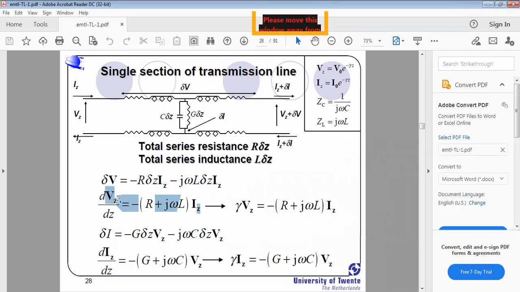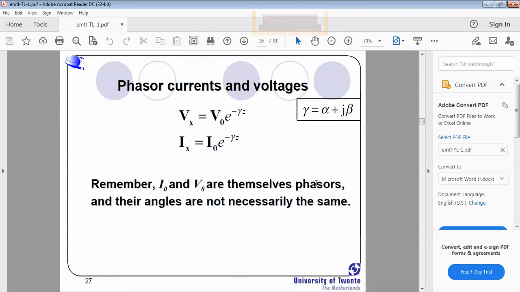When we consider the exponential form of Vz, after the differentiation with respect to z, what we get is the term alpha plus j beta. Actually the term existed from the above slide; here the point was skipped.